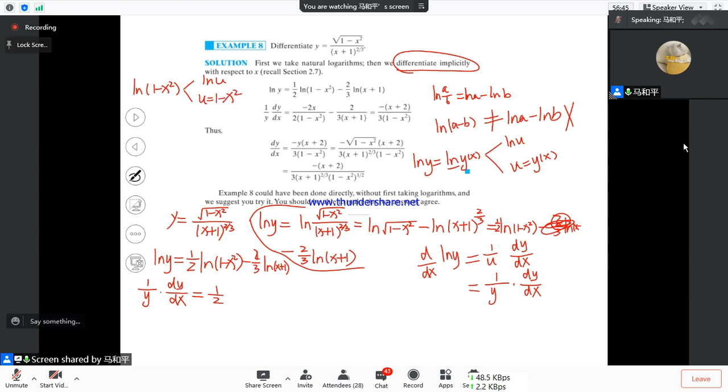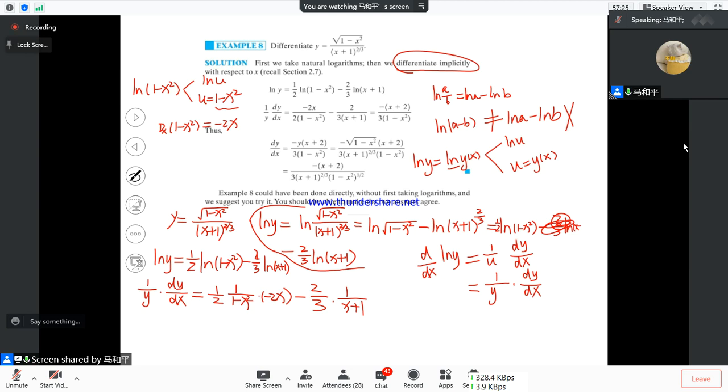So the derivative of the outer function is 1 over 1 minus x squared, times the derivative of the inner function, d over dx of 1 minus x squared, which is minus 2x. And minus 2 over 3 is a constant, times ln x plus 1, whose derivative is 1 over x plus 1.